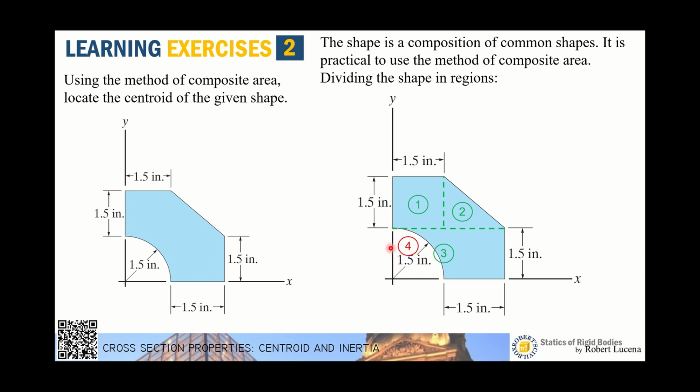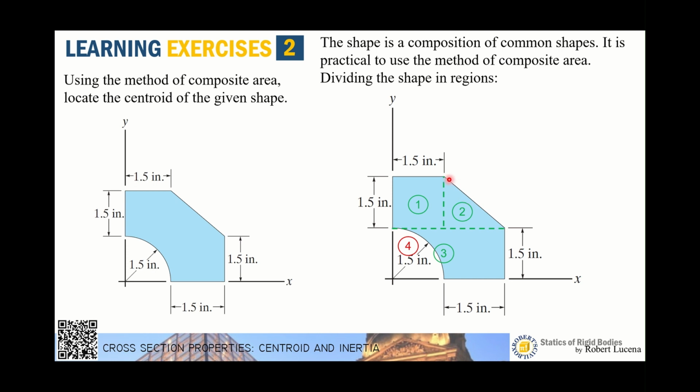In the composite area method, it is important for you to understand where the centroid of each common shape is that constitutes the full composite section. If you do not know the centroid of a triangle, then this composite shape method will not be appropriate for you.